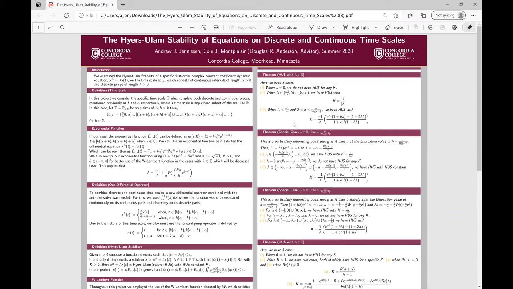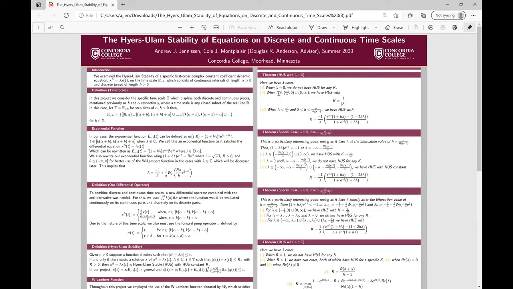We did have some idea where these would go based on previous research done by Dr. Anderson and his colleagues, which observed the Hyers-Ulam stability of a specific exponential function on continuous and discrete timescales separately, but not necessarily combined together. And you can take those and get an idea of where it's going.